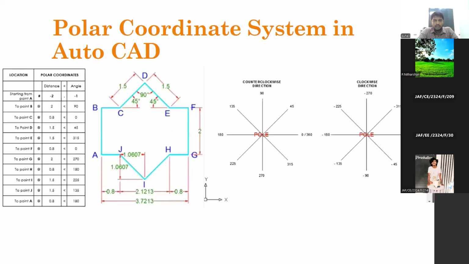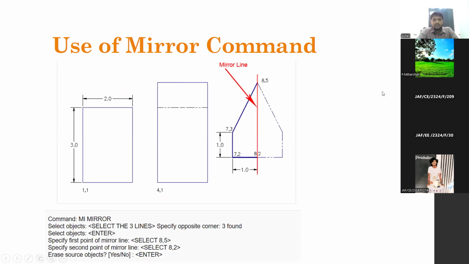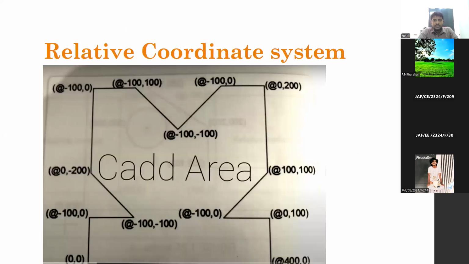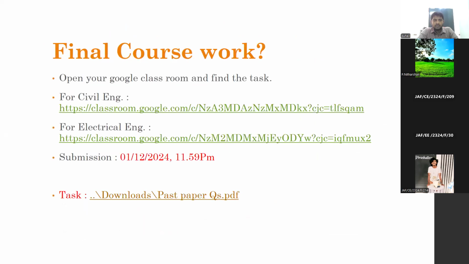If you need to draw a symmetric object, better use the mirror command. I already explained the way of writing the answer. Then what are the things we have to submit? That's all. Thank you very much for your participation, and I think we will wind up the session.